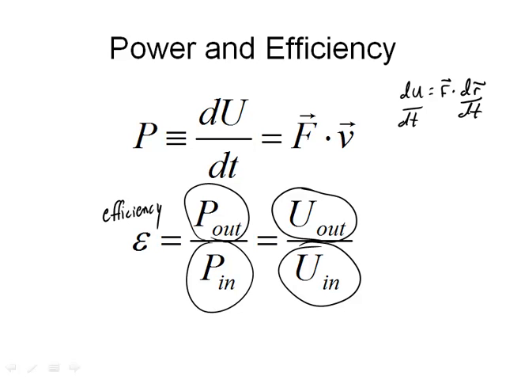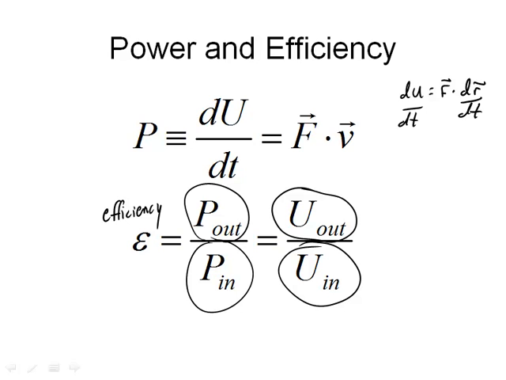Input energy might be muscle power from your legs, although we can get really down and talk about food energy, how much energy from the food is then processed into the muscle of your legs, which allows you to propel your bicycle. Could also be complicated like an automobile. There's a certain amount of chemical potential energy in gasoline, and that chemical potential energy is used to produce energy of your car's movement.